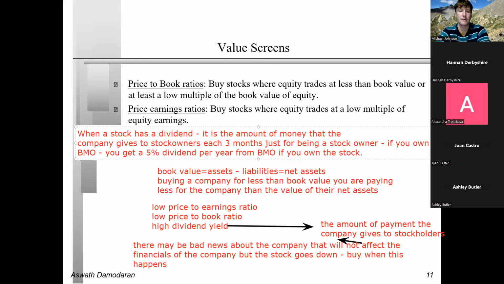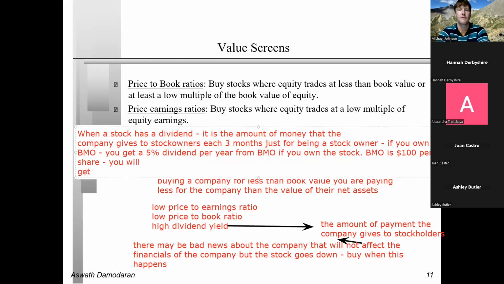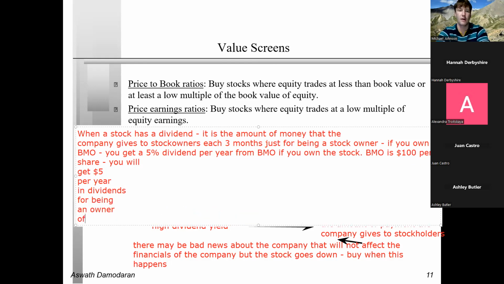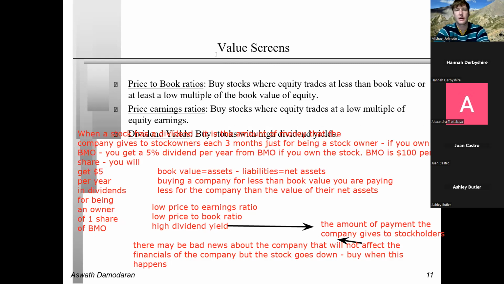So let's say the stock is $100. So let's say BMO is $100 per share. You will get $5 per year in dividends for being an owner of one share of BMO. So it's a good perk of being a stock owner.